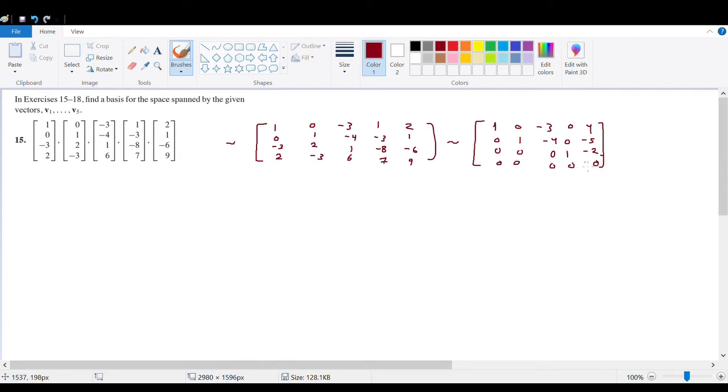So from here it is clear that we have a pivot in the first column, the second column pivot, then the third column, sorry, the fourth column pivot.